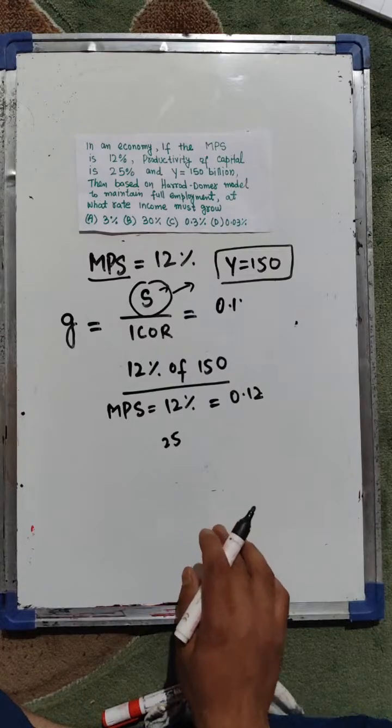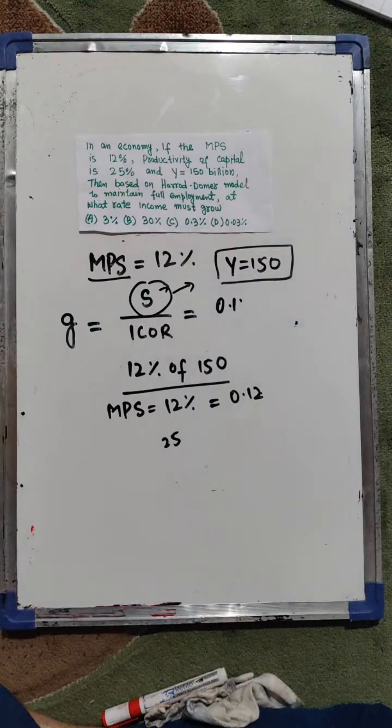Okay, there seems some mistake in calculation. Savings upon capital output ratio, productivity of capital is this 0.25.